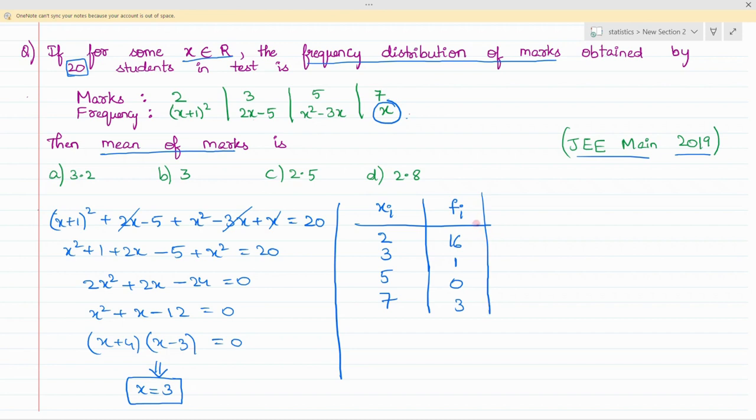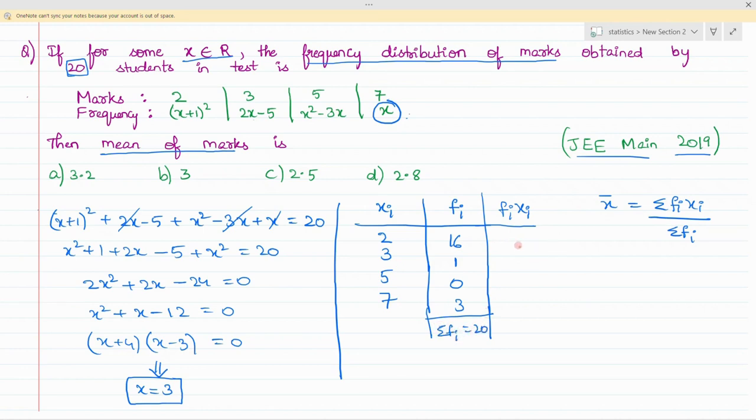We need to calculate the value of fi xi, because what's the value of mean? Sigma fi xi upon sigma fi. Sigma fi we already know, that is equal to the total number of students, that is 20.